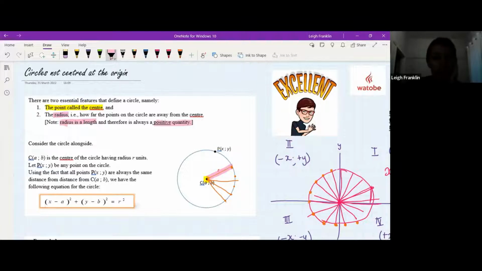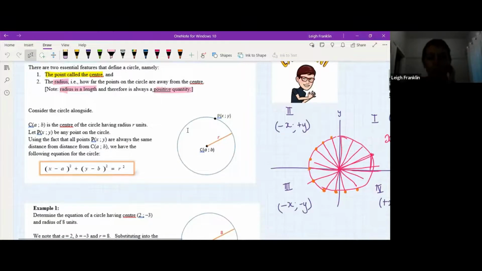If we have a look at the circle alongside that I have just scribbled all over, it is defined by the following points. C is the center, and at C we have a pair of coordinates a and b. a is the x coordinate and b is the y coordinate.